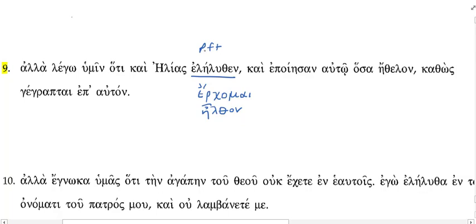So yeah, this is the perfect, and the perfect is usually going to have kappa alpha if it's active, or nothing, and the mai, sai, tai endings if it's middle passive. But I don't have any of those either, do I? What is going on here?